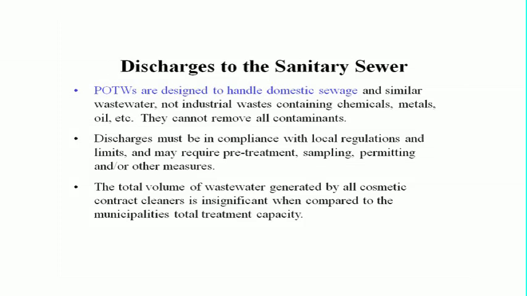The total volume of wastewater generated by all cosmetic cleaners is insignificant when compared to the municipalities and their total treatment capacities. I talked about the economic revenue stream. While that's the best way and gets the highest compliance for the NPDES permit, is to allow the contract cleaner to discharge into the sanitary sewer systems.